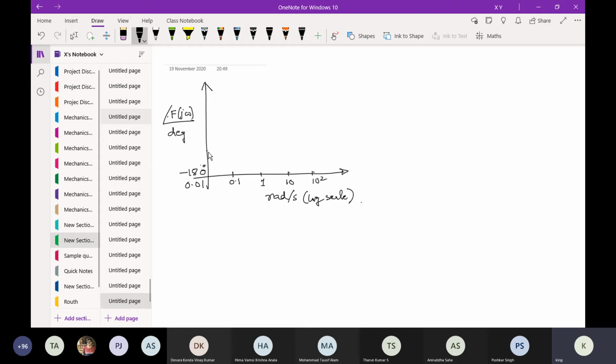Then we have a line, maybe this is my 0 degrees line. So in between I'll have the minus 90 degrees out here, and here I'll have 45 degrees.